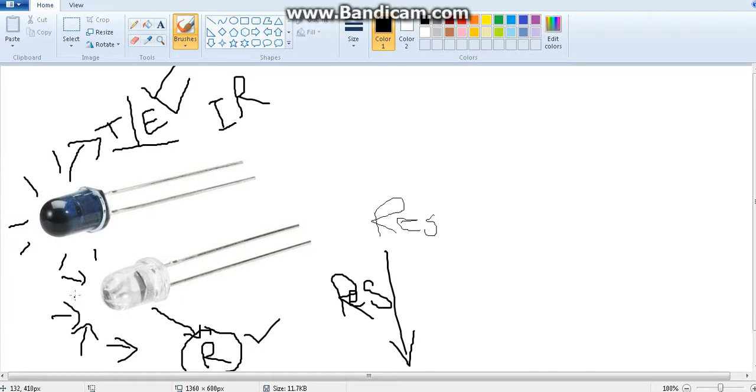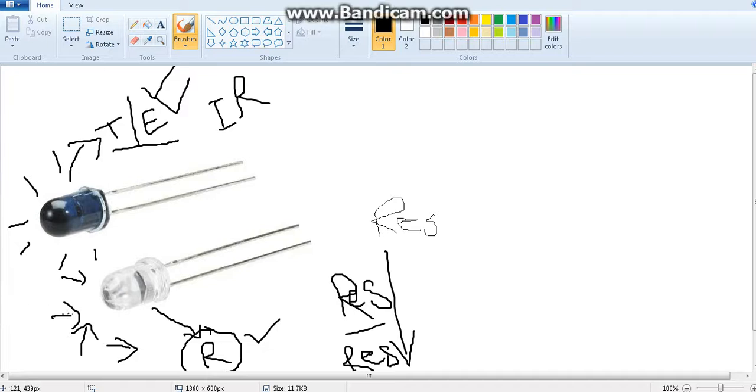The more IR rays fall on the receiver, the less resistance the receiver will have. If fewer IR rays are falling on the receiver, the resistance of the receiver will be high.